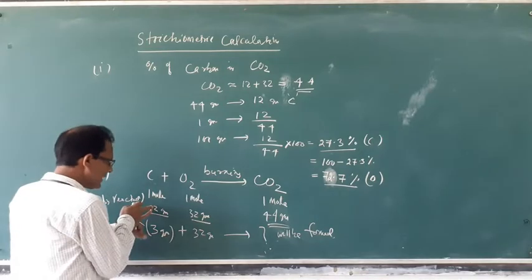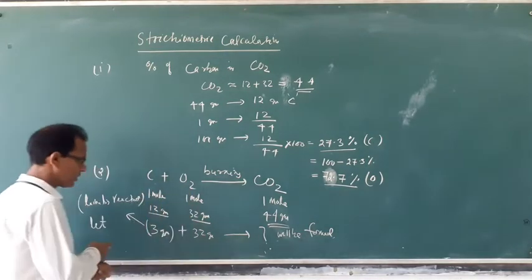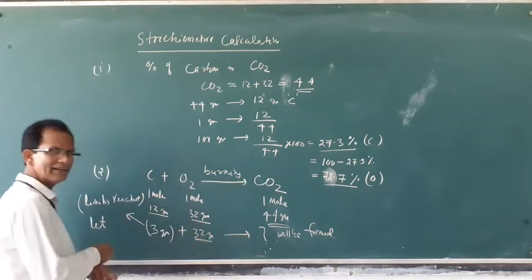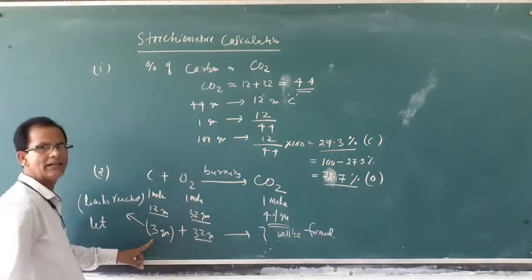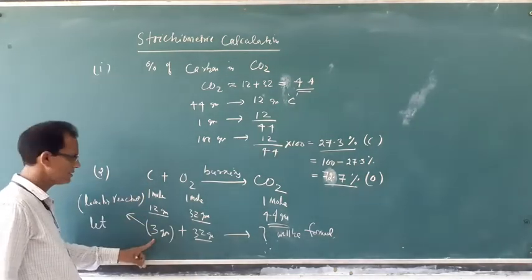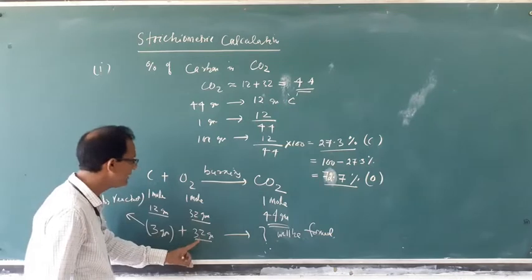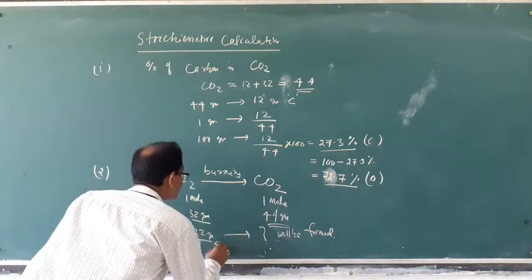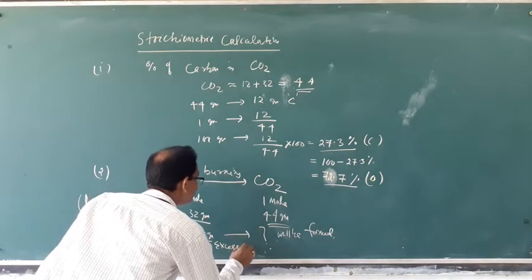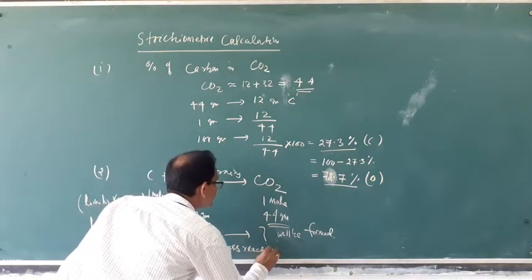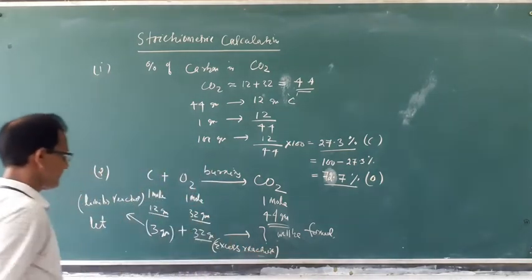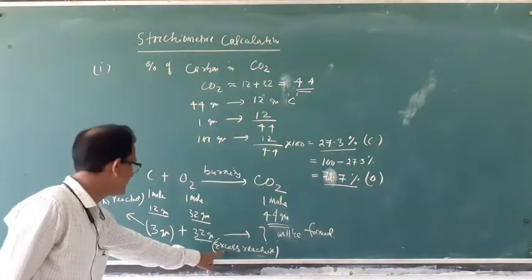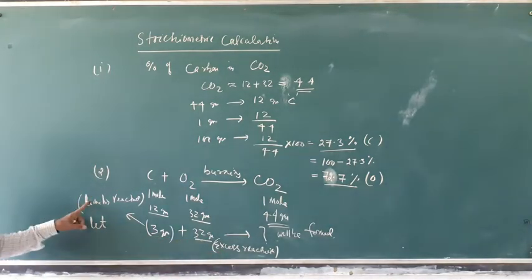As 12 gram requires 32 gram, but 32 gram oxygen is already taken while carbon taken is 3 gram, the carbon amount is less compared to oxygen. That's why oxygen is called the excess reactant, and carbon is the limiting reactant.